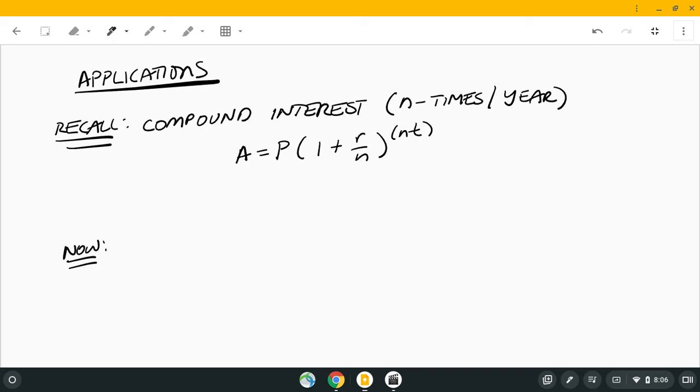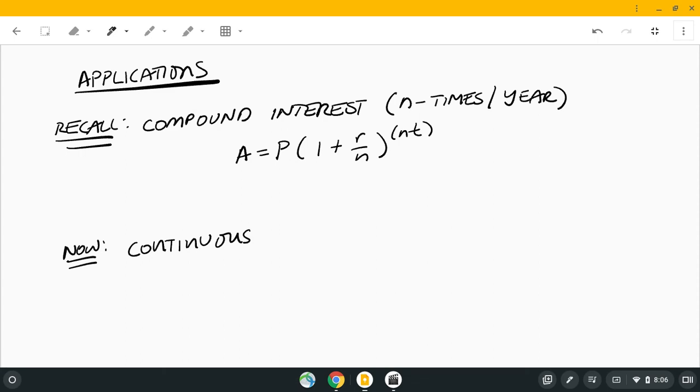And then what if we could have it compounded every second and then every nanosecond, right? So when you have it compounded that often, like instantaneously and continuously, then that's when e comes into play.